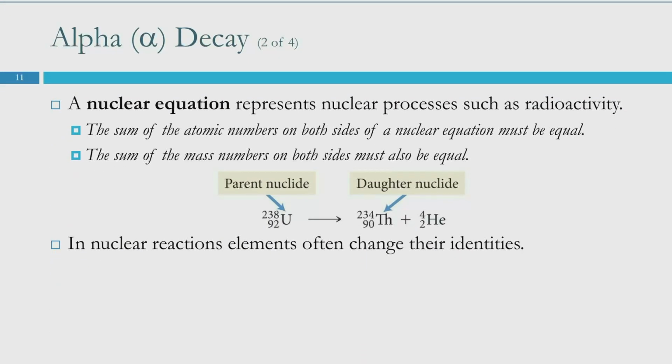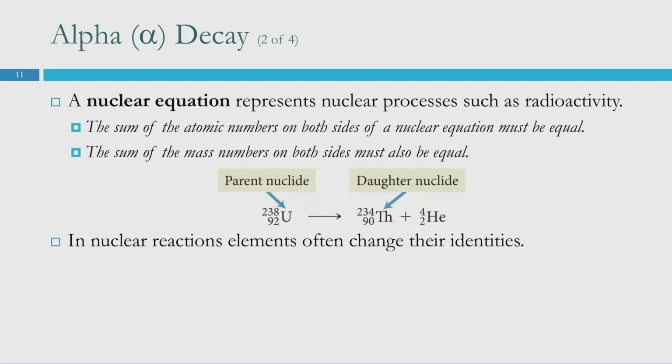And we can write out nuclear equations for things like radioactivity. A lot of our rules, a lot of our laws from earlier are the same. So mass is conserved, meaning that we're not creating or destroying protons or neutrons.